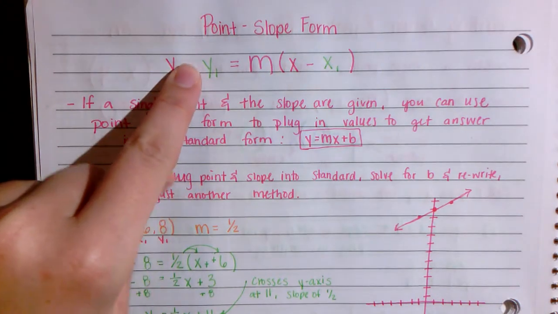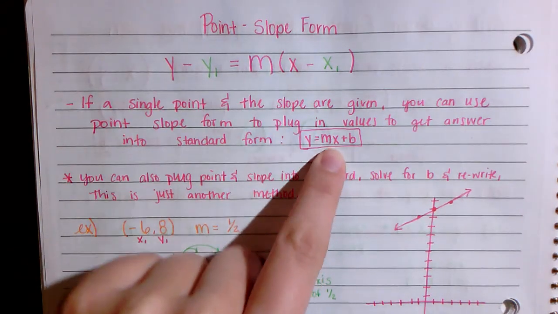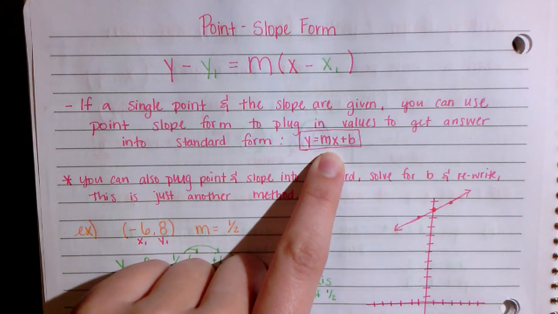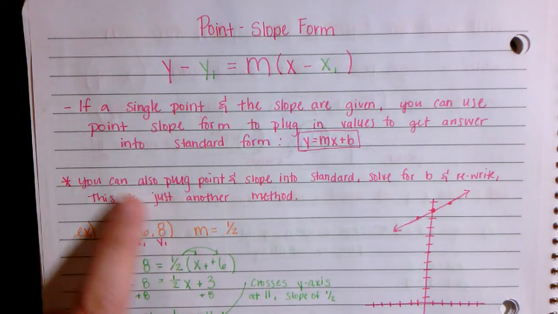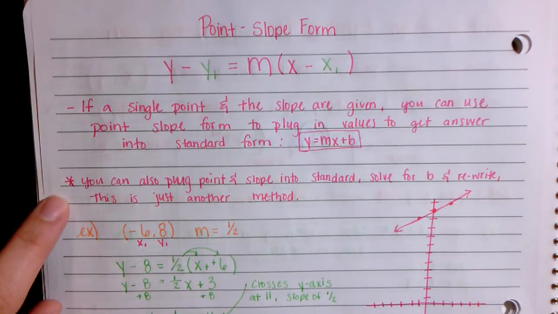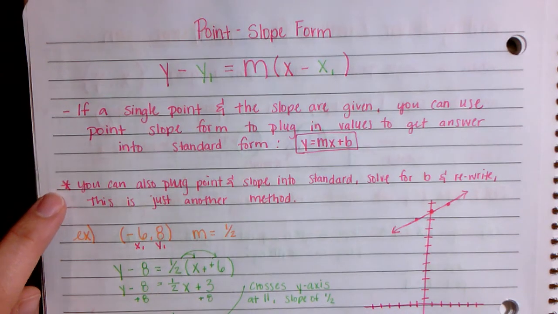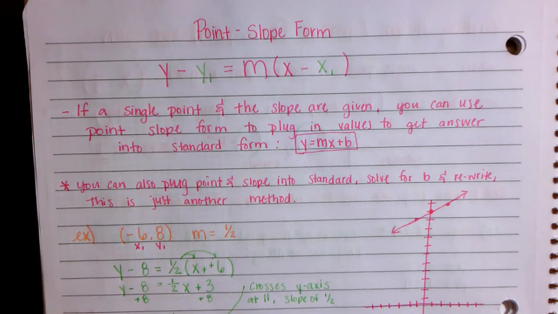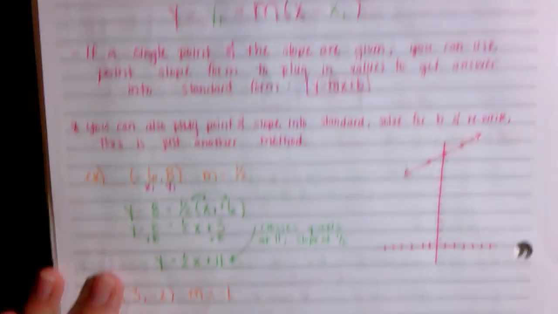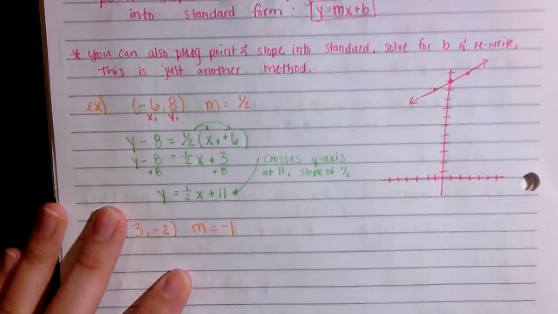So we can go from point-slope form to slope-intercept form by just moving things around. So I noted down here, you can also plug point and slope into standard, solve for b, and rewrite. This is just another method. So they both work. And if one works better for you, then go for it.